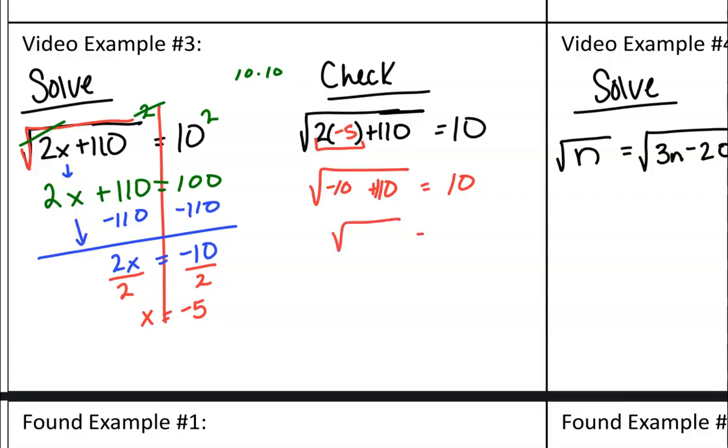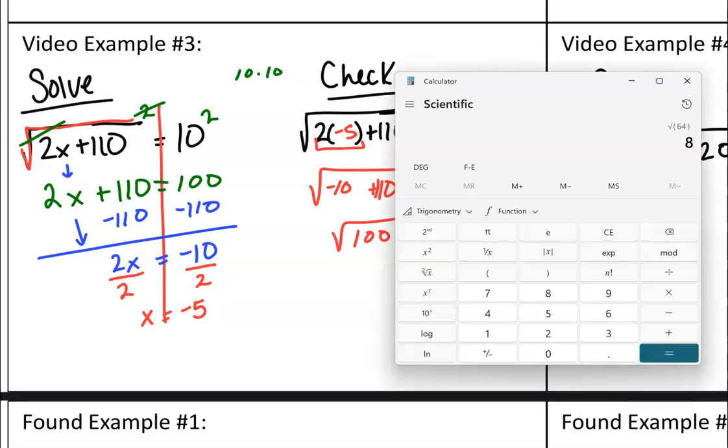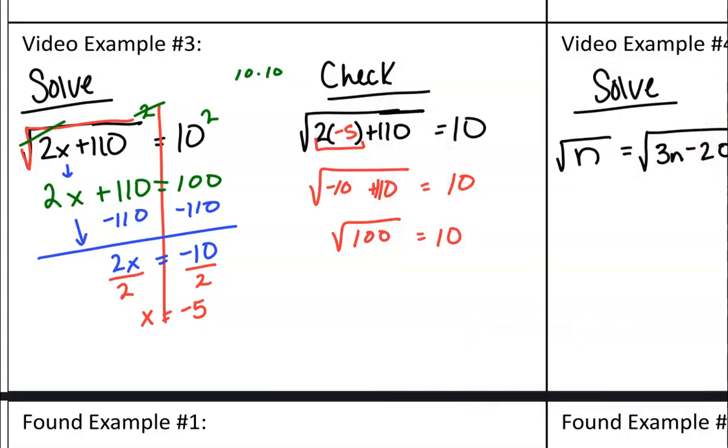I still have the radical, I still have equals 10. Negative 10 plus 110, so that's 110 minus 10 would be 100. And if you don't know your perfect squares, you can always use a handy dandy calculator to help you figure it out. The square root of 100 is 10. And the right side of our equation equaled 10. So this is true, meaning that our solution is correct.